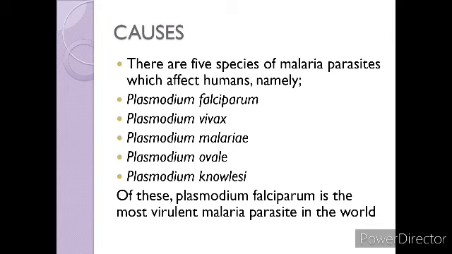The incubation period is within 7 to 10 days, but this can be prolonged in people who have taken antimalarials. In some species like Plasmodium vivax and Plasmodium ovale, it is longer. Plasmodium knowlesi rarely affects human beings.